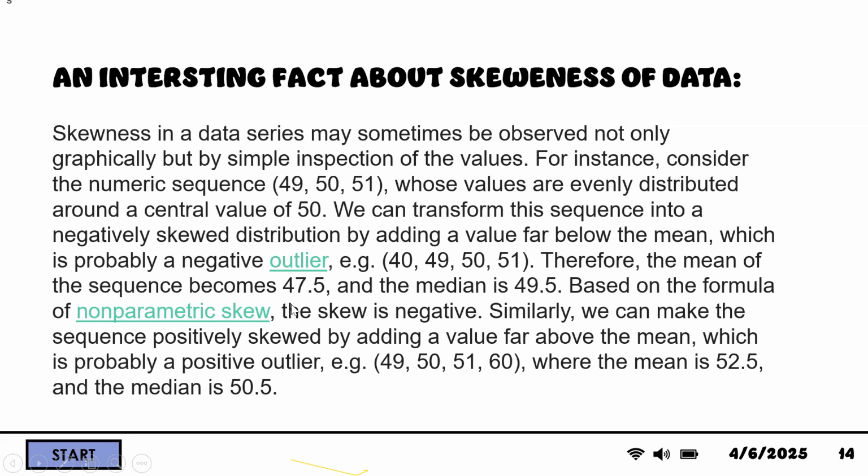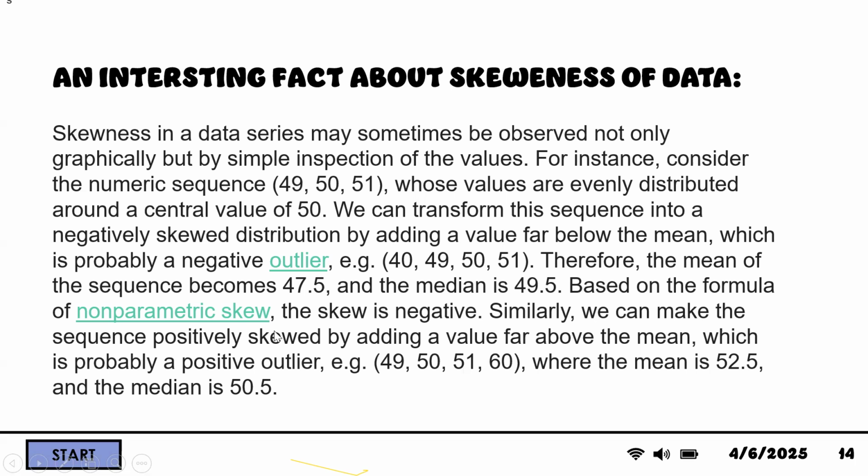Therefore, the mean of the sequence becomes 47.5 and the median is 49.5, which is very much near to 50. Based on the formula for non-parametric skew, the skew is negative.